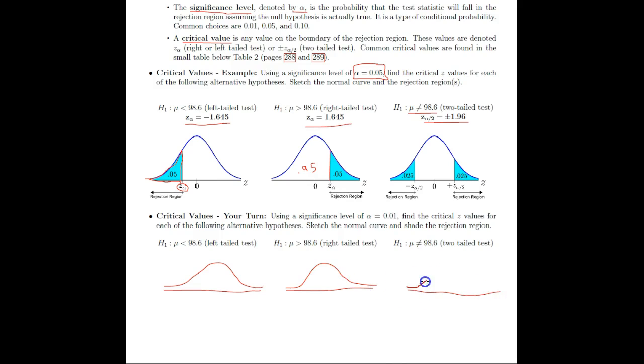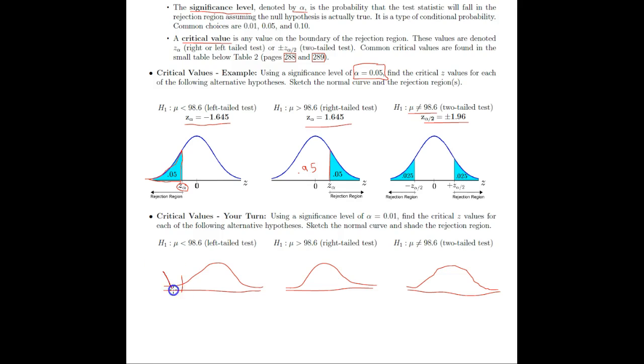This software makes it a little difficult for me to mark parts in the curve. I can't write over somewhere I've already written to try to move it. So trying to find where mu is less than 98.6, which is a left-tailed test, we cut it off somewhere over here.